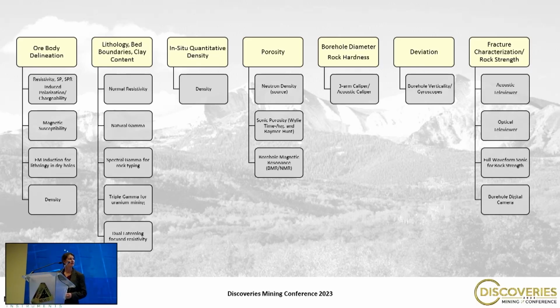Dual induction, for example. There's different porosity applications, which are obviously more important if you're working in coal or lithium applications, but also in mine dewatering, porosity can be very important. And then we have applications in that area such as sonic, neutron, and borehole magnetic resonance.